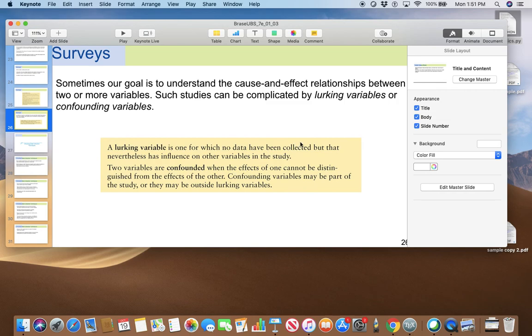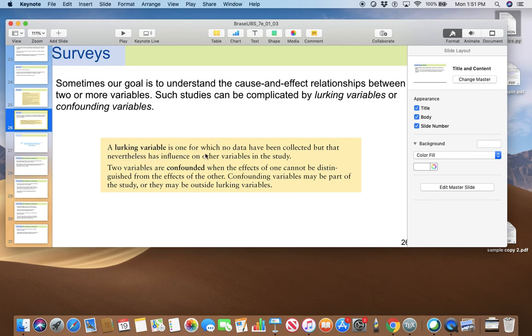Now, nobody thought of the effect of good water. That was a lurking variable or confounding variable. Nobody thought of that. We worried about medicine and air conditioning, that's it. So something lurking around can complicate your study.